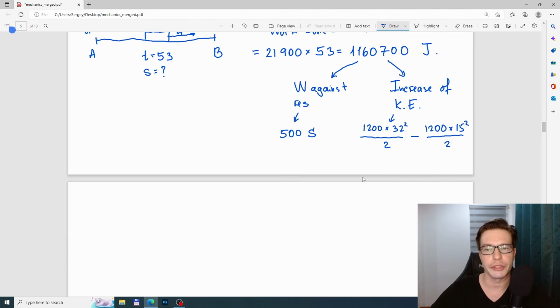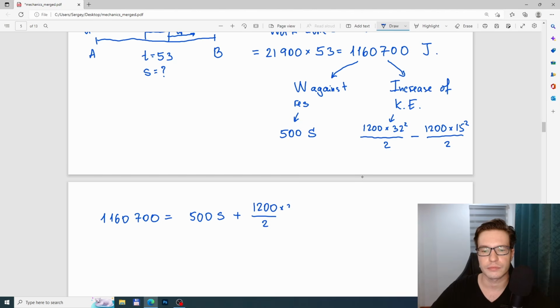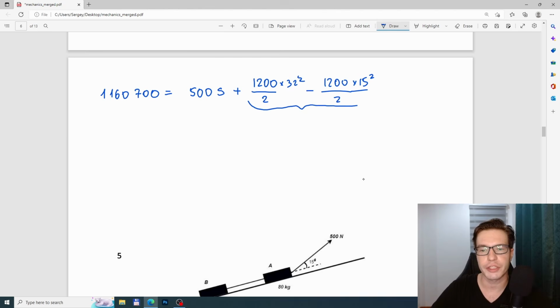And now we can make the equation. Work done equals work against the resistance plus the increase of kinetic energy. Okay, now the increase of kinetic energy is apparently this.